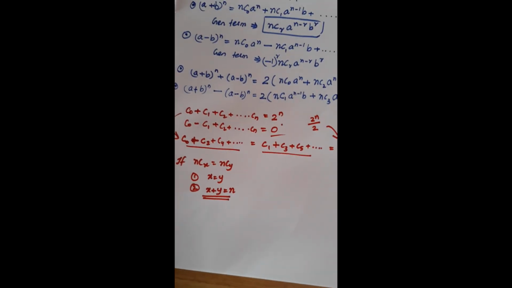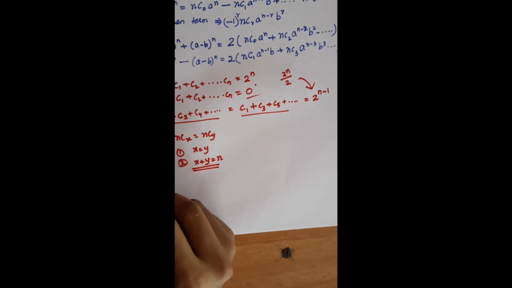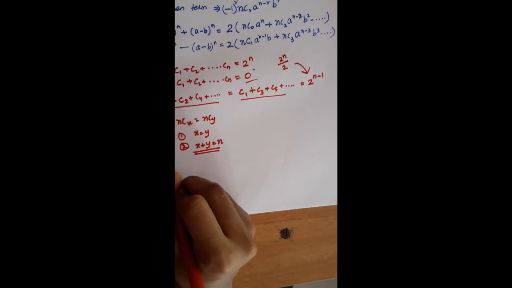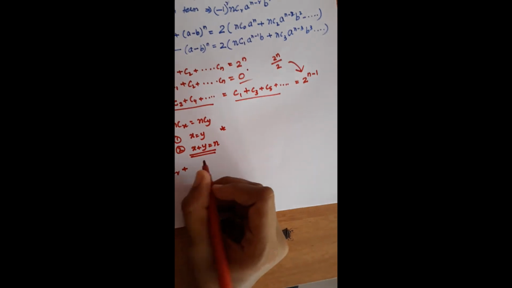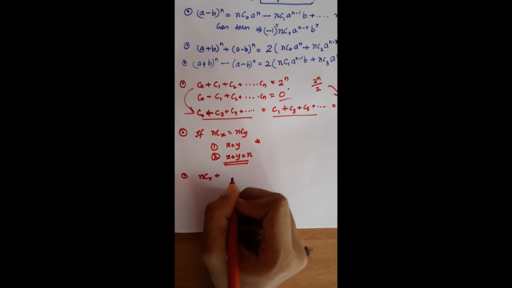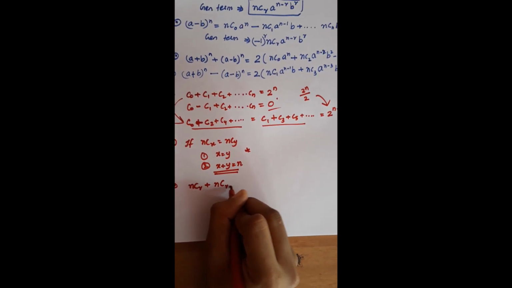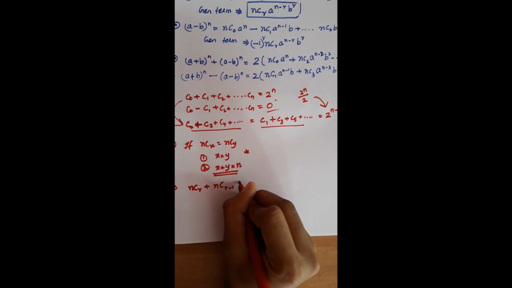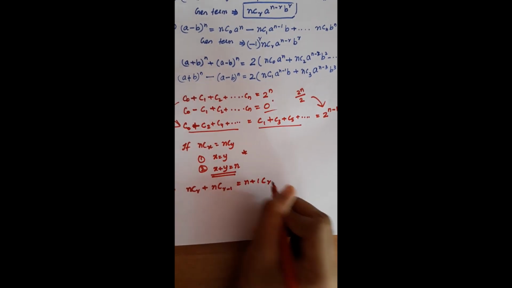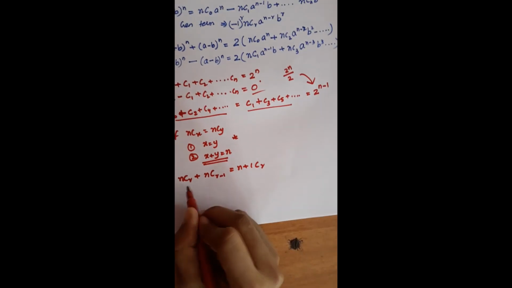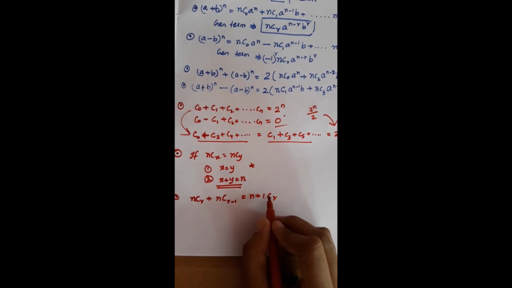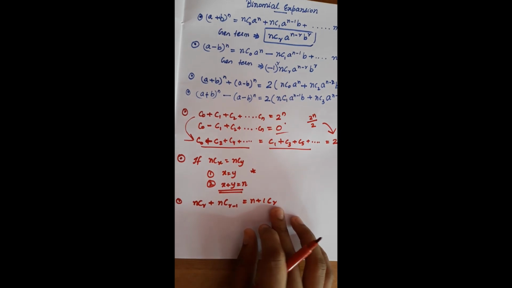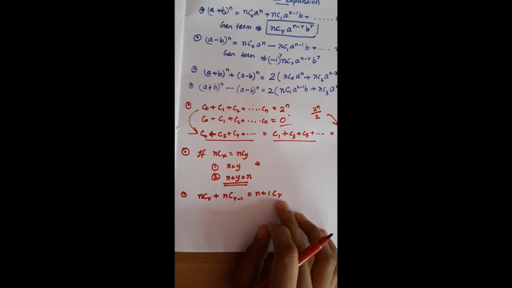Okay, now the next result, this is important: nCr + nC(r-1) is (n+1)Cr. So the bigger of these, r, just goes to the other side, so it becomes (n+1)Cr.